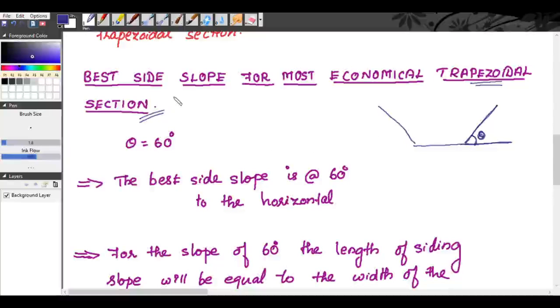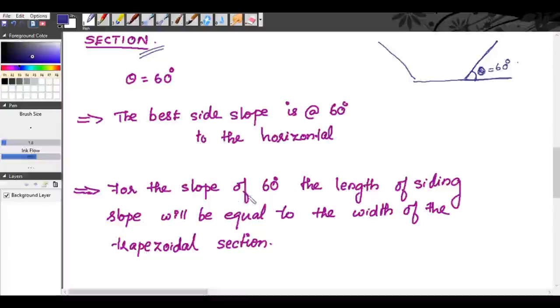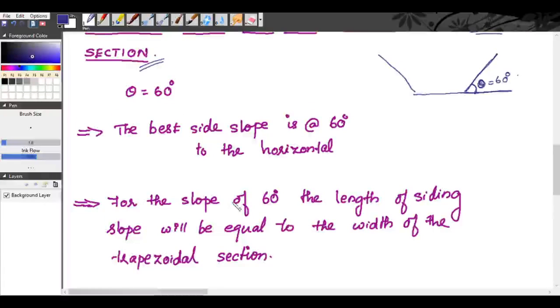So the best side slope for the most economical trapezoidal section is theta equal to 60 degree. So the best side slope is at 60 degree to the horizontal. Now for the slope of 60 degree, the length of the sloping side will be equal to the width of the trapezoidal section.